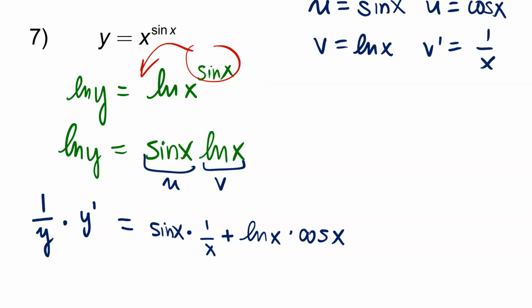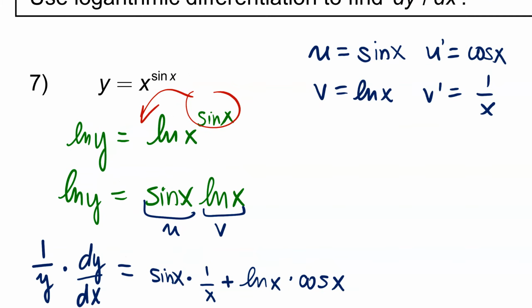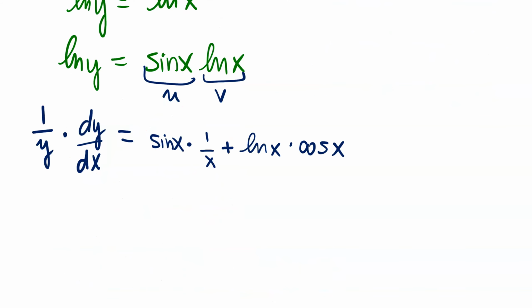Or you could say dy dx, it doesn't matter. I'm going to say dy dx, because that's what we're looking for. It's the same thing as y prime. Notice I have dy dx on the left side. What do I have to do to get it by itself? Multiply everything by y.